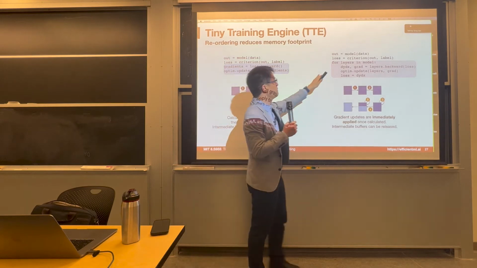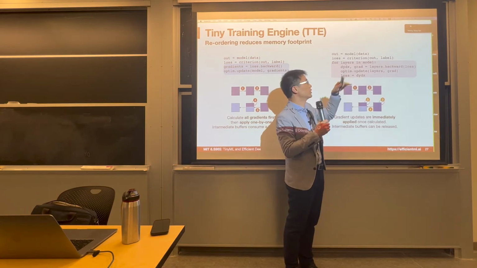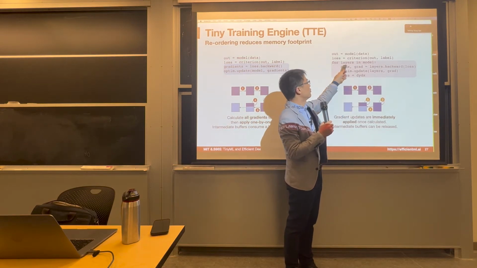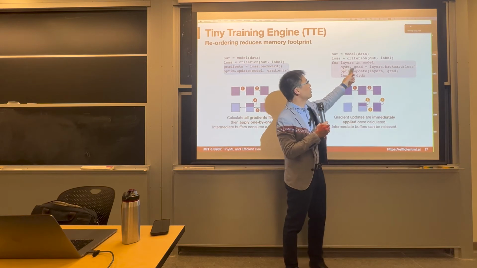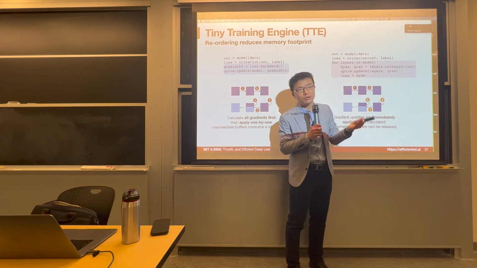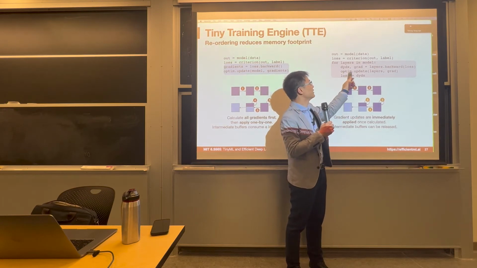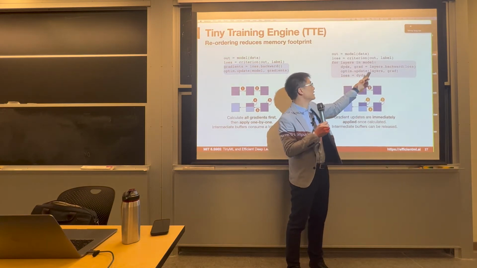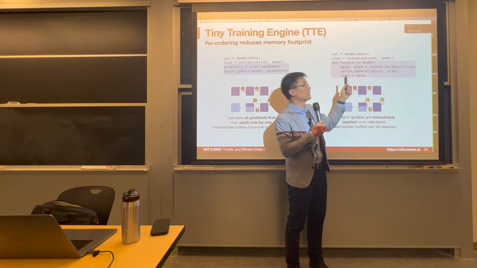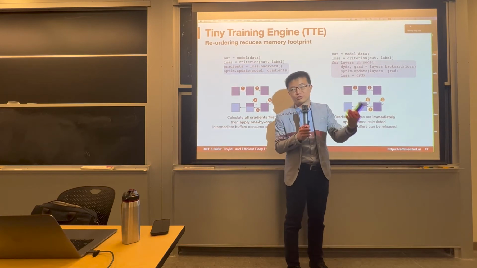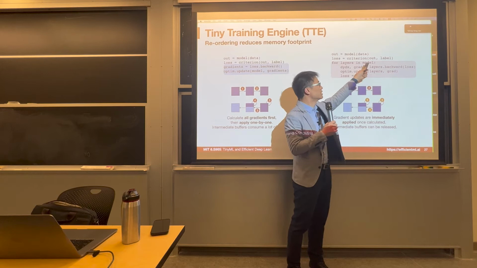Versus if we do a simple for loop, and for layers in the model, we calculate the backward with respect to a particular layer, and then we immediately update that layer, okay? And then we calculate the loss for the previous layer, and then we continue this process.